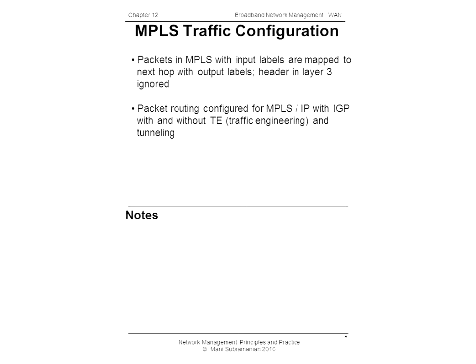Now this is MPLS traffic configuration. This is concerned with the performance optimization of operational networks, and it includes the measurement, modeling, characterization, and control of internet traffic to achieve specific performance objectives.